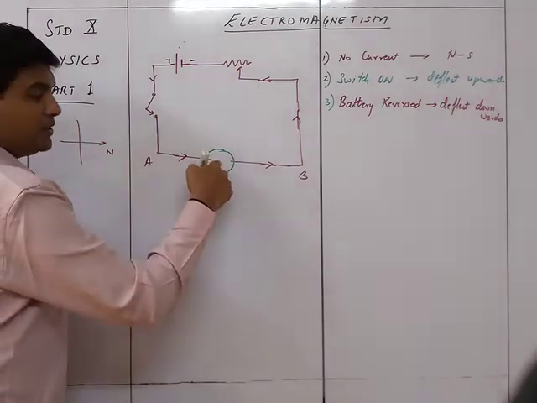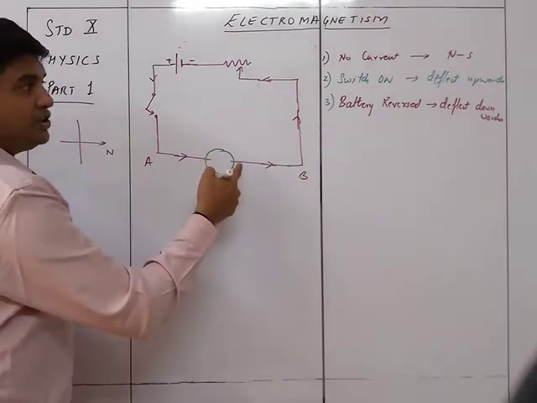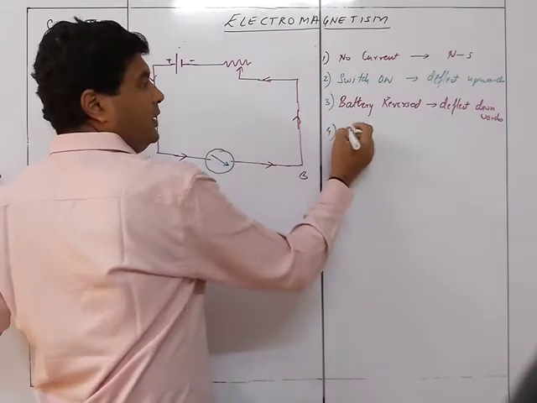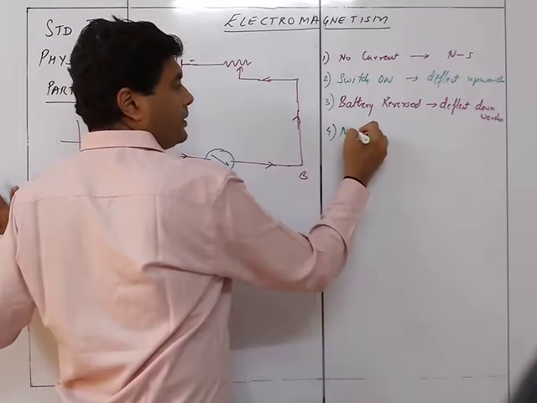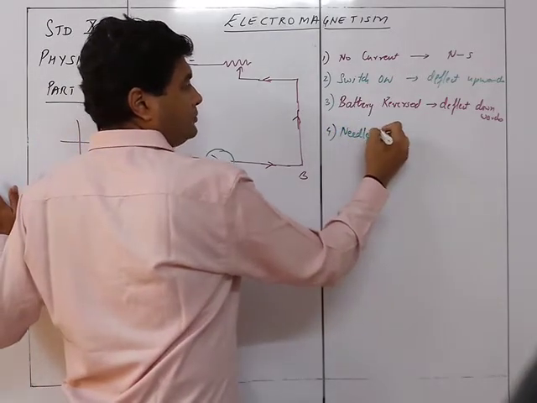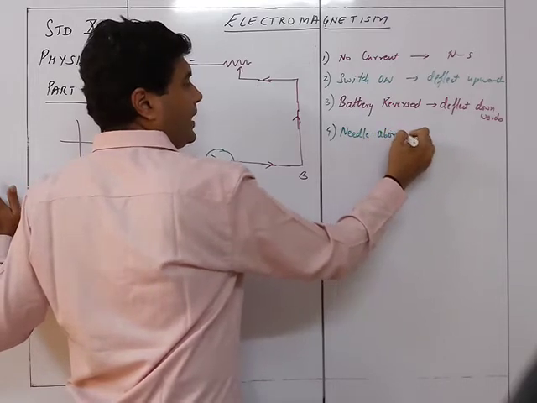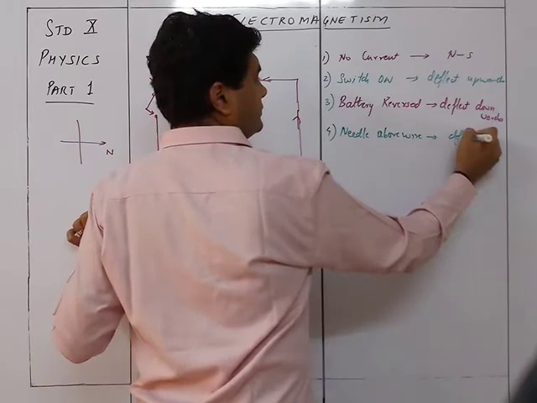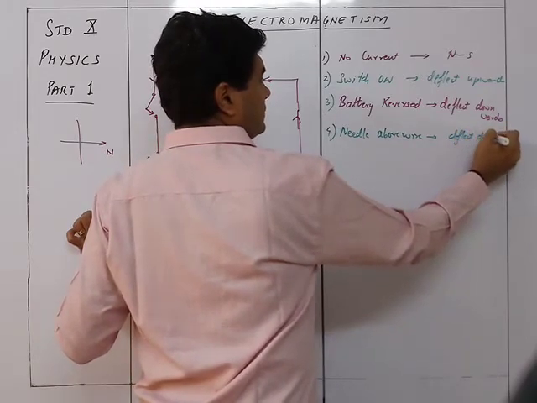When I place it above the wire, it will be seen that the deflection is downwards now. So if I take the needle above the wire, it will deflect downwards.